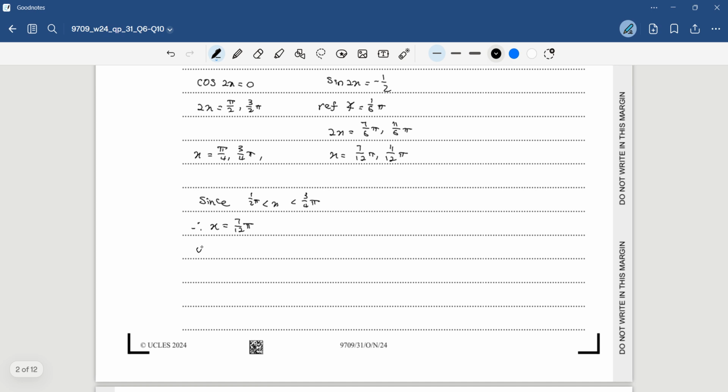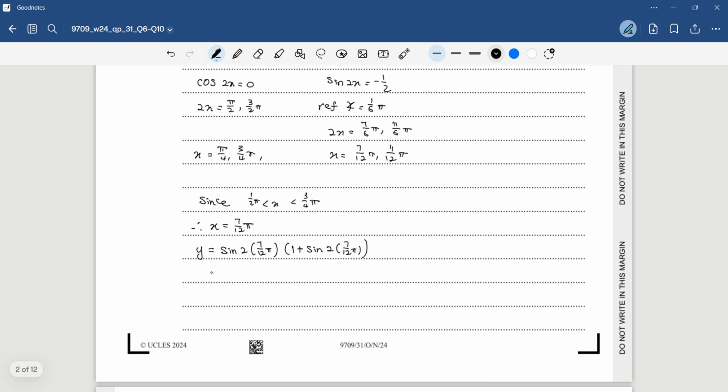In order to find my y coordinate, it's going to be sine 2x times the bracket 1 plus sine 2x.